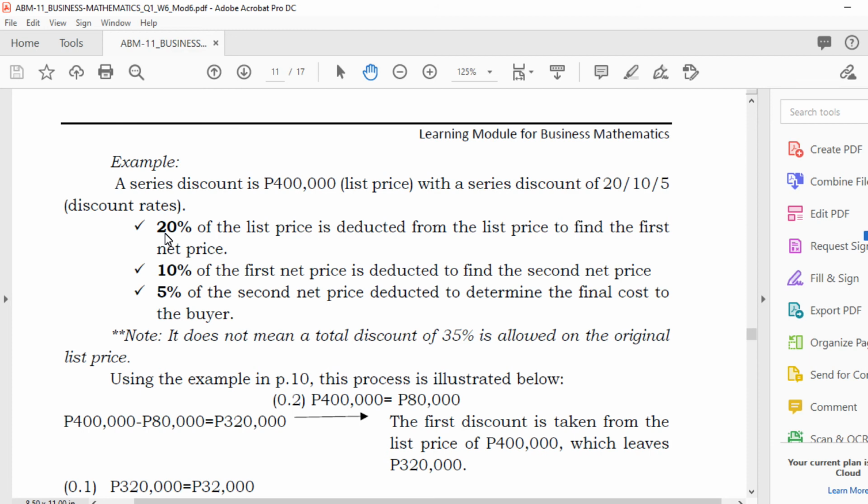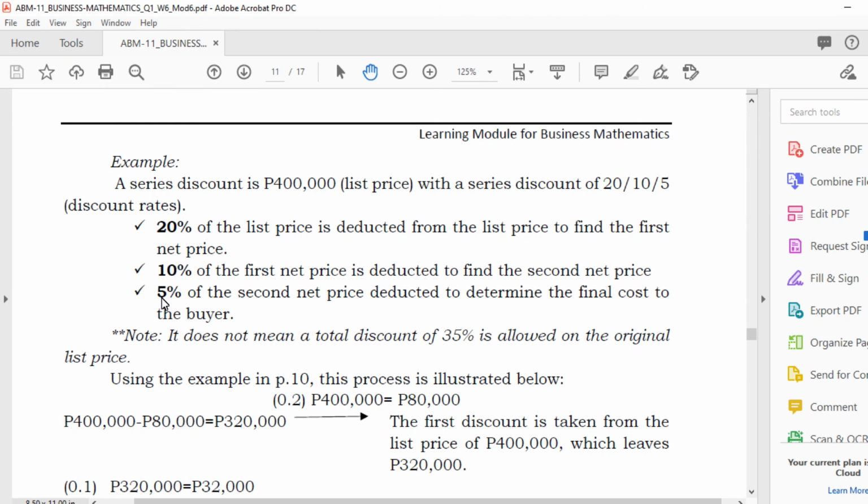And dahil meron kang SM Advantage card, binigyan ka ng 10%. Kunwari, membership ka ng Pag-ibig. Dahil, di ba, sa Pag-ibig Fund, merong membership card, bibigyan ka ng another 5%. So, ganun nila i-compute yun.